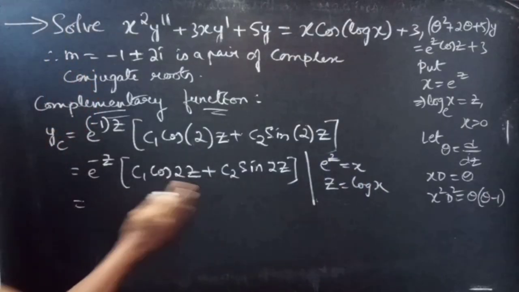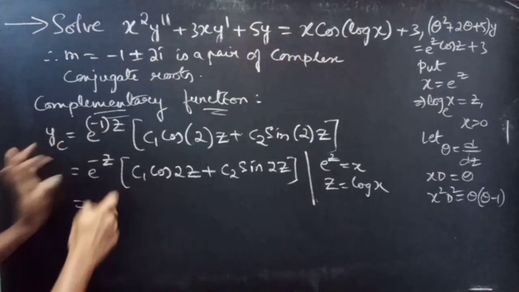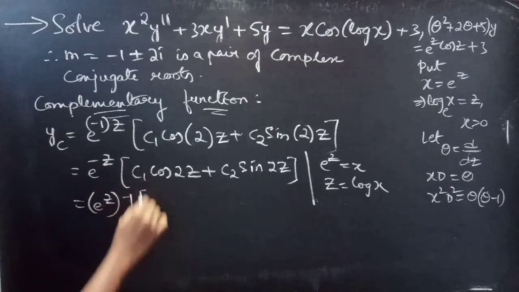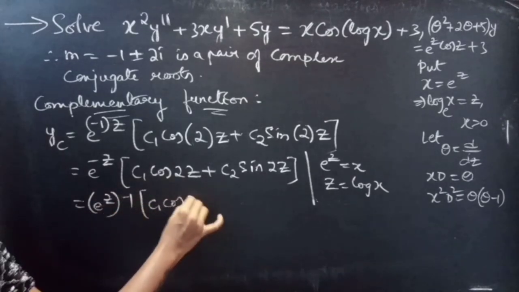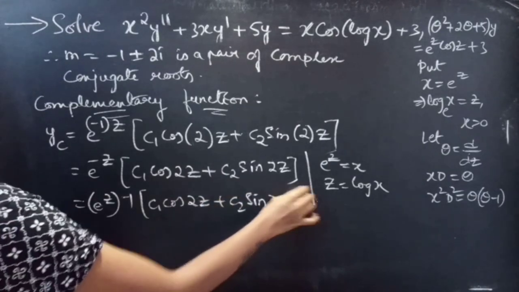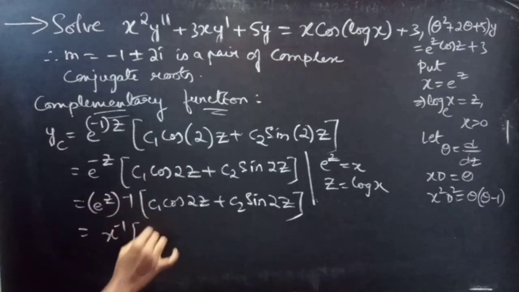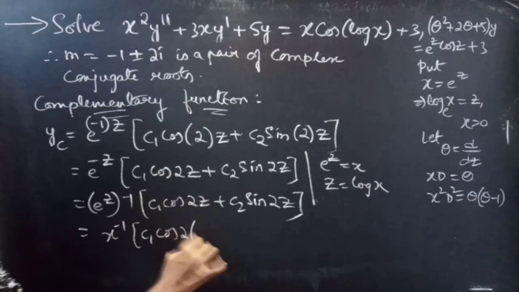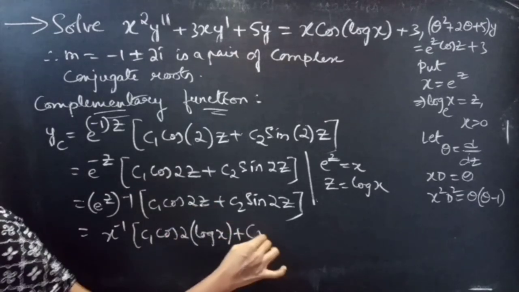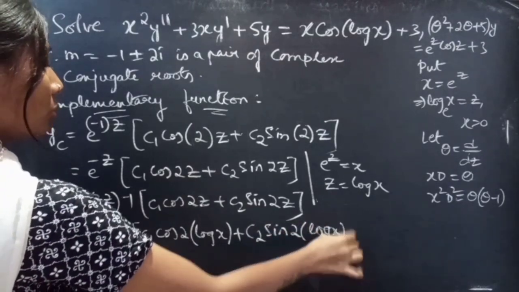In order to replace e power z by x, here we'll write e power minus z as e power z to the power minus 1 into c1 cos 2z plus c2 sine 2z. Now replace e power z by x, we'll get x inverse into c1 cos 2 into, replace z by log x, we'll get log x here, c2 sine 2 into log x.